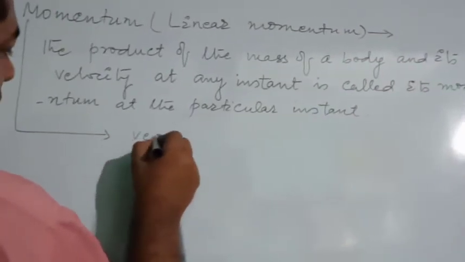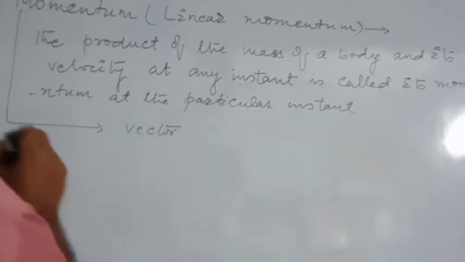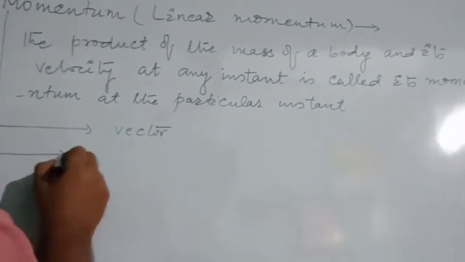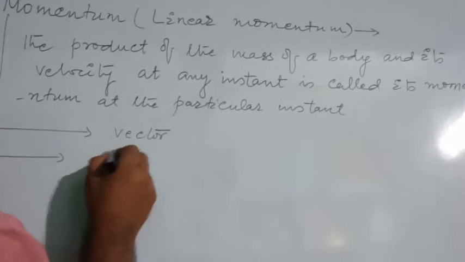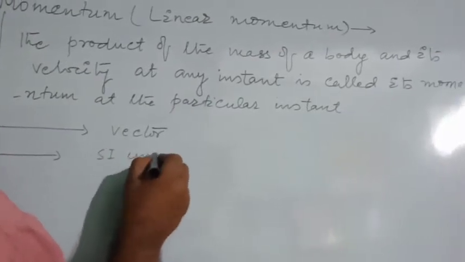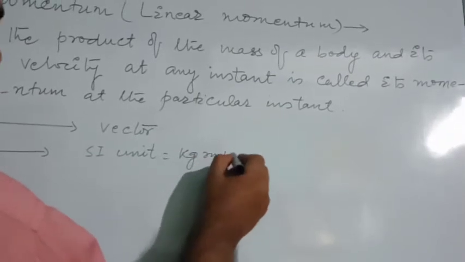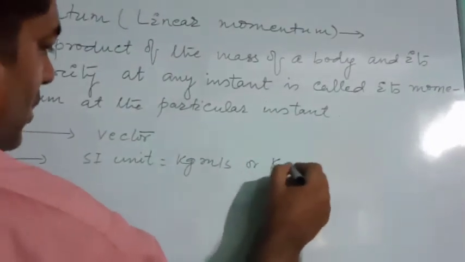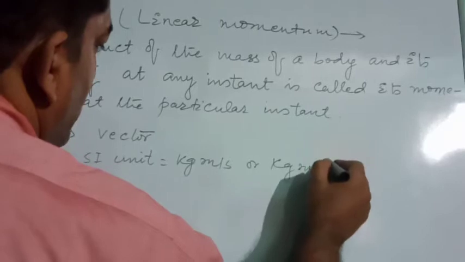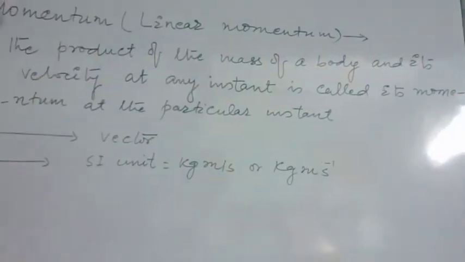You can simply define momentum as the product of mass and velocity of a body. It is a vector quantity. Its SI unit is kg meter per second or kg meter s to the power minus 1.